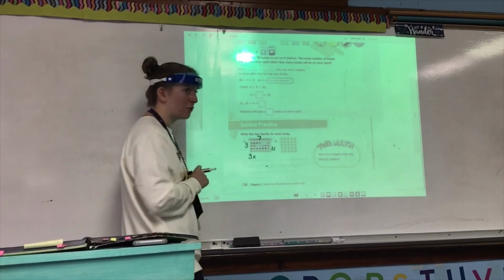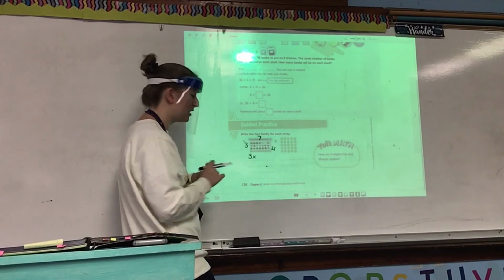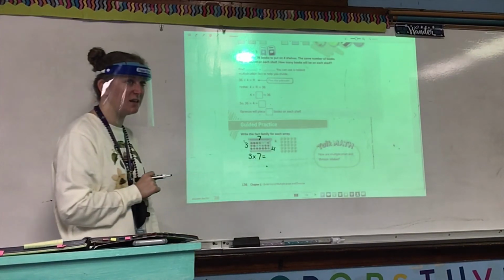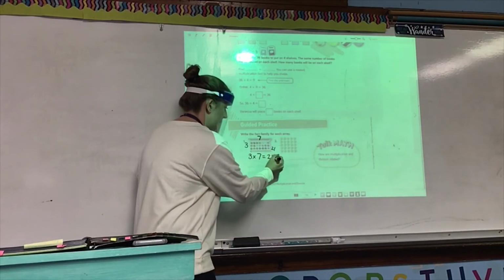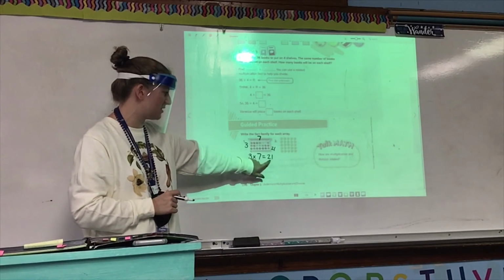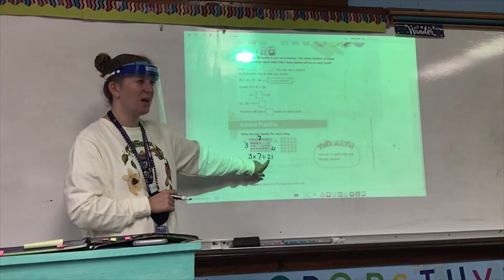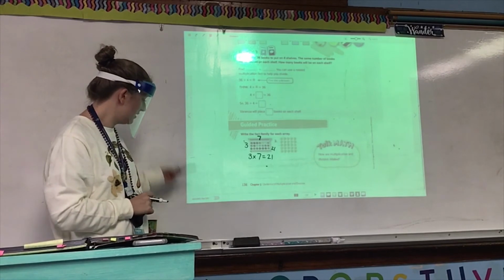We took our number of rows, which is 3, and we multiply it by the number of columns, and our product is going to be the total, which is 21. So we have the number of rows, 3, times the number of columns, 7, to get the total, 21. Our factors are 3 and 7. Our product is 21. Okay, we'll let somebody else do this.